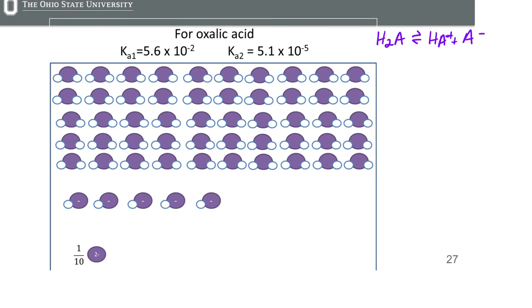So in any case, what this diagram is showing you is these values of Ka. In this figure, the purple with the two white spheres are representing the fully protonated oxalic acid. To a certain extent, we will form the HA minus molecule, and then I couldn't even draw the right number of oxalic acids to form one single fully deprotonated form.